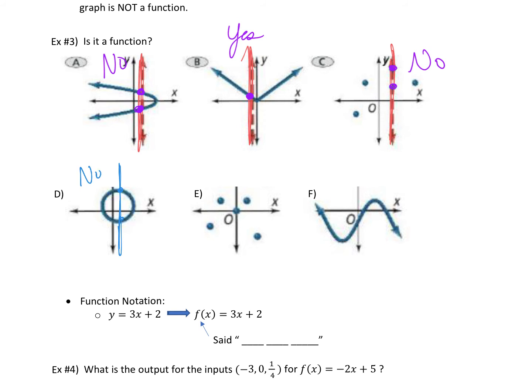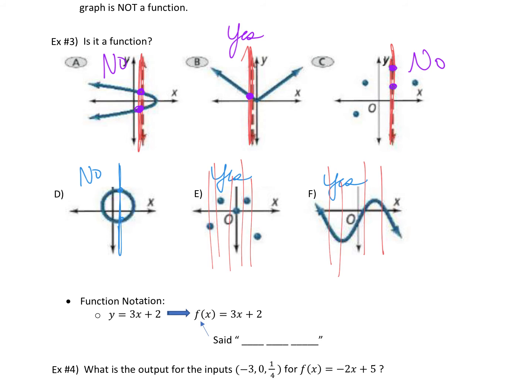So this is not a function. E? Yes. E is a function. And F? Yes. Okay, so if you can draw a vertical line and only go through 1 point, it is a function. Same thing here. Okay. Any questions on that?